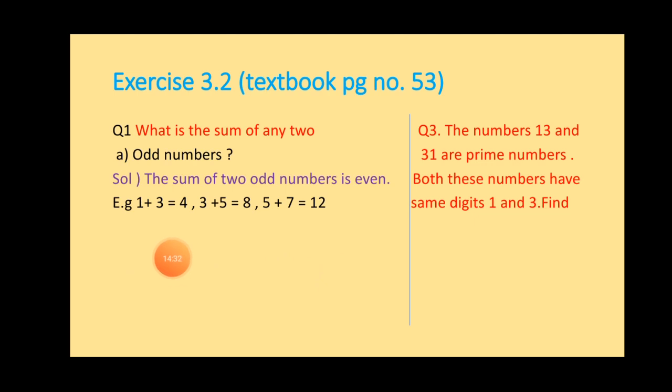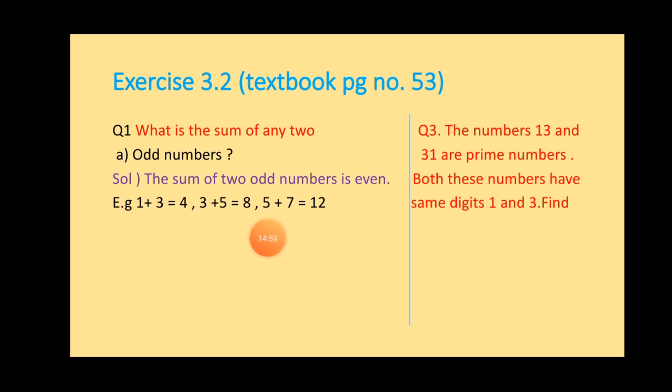We know that odd numbers are those numbers which are not divisible by 2, as well as not multiples of 2. So you can see here we have taken 1 and 3, and when we took their sum, we got 4. As well as if I take another pair of odd numbers and take their sum, we have got 8.